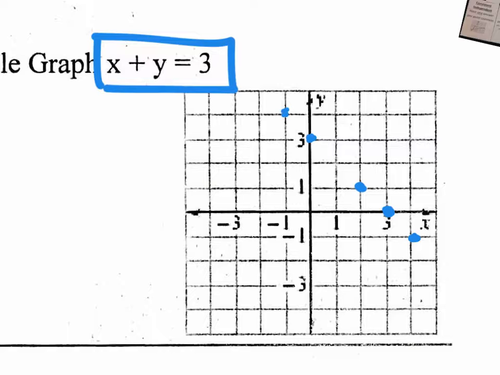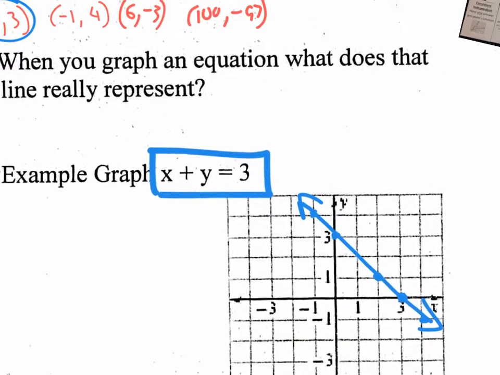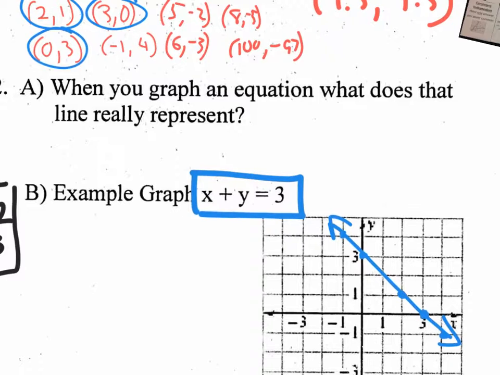All of the infinite amount of solutions line up. So this is the reason why we draw a line and put arrows on it, because this is the way to represent the infinite amount of answers that exist to an equation. Are you guys following me here? So let's go back and answer this question. When you graph an equation, what does that line really represent?